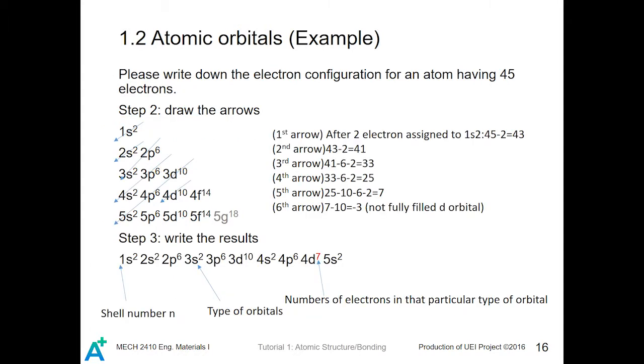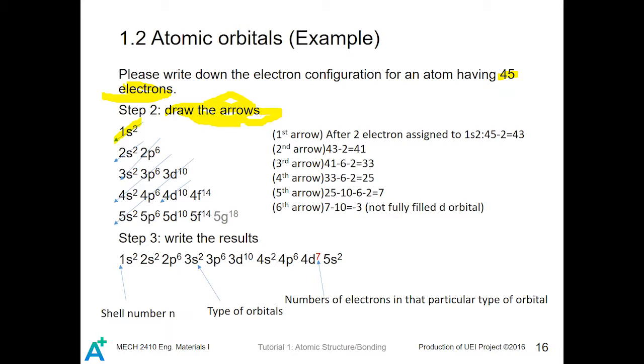And then we just draw the arrows. The first thing is, remember that we have 45 electrons. In each arrow, I first put 2 electrons in the 1s orbital based on the Aufbau principle, and the drawn arrows help me to determine which orbitals have the lowest energy.